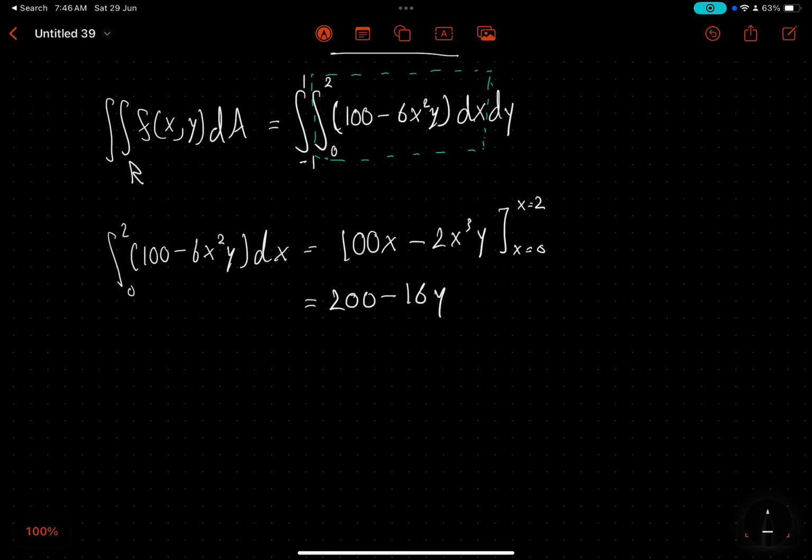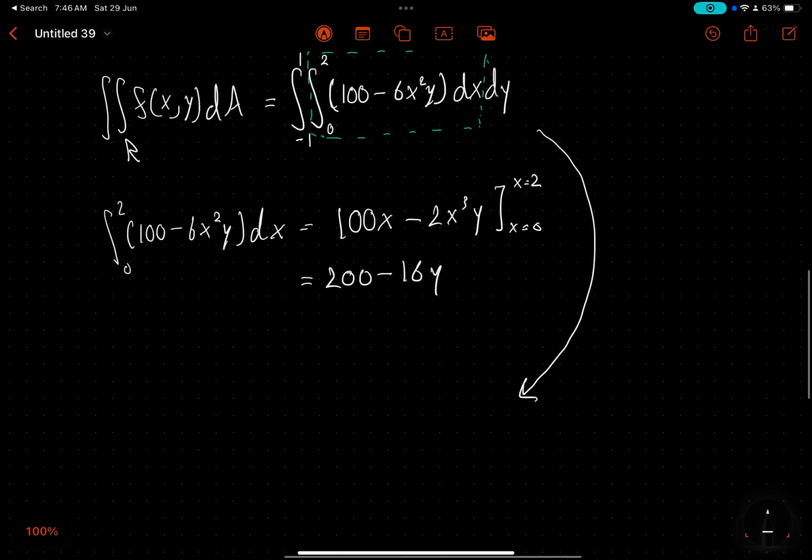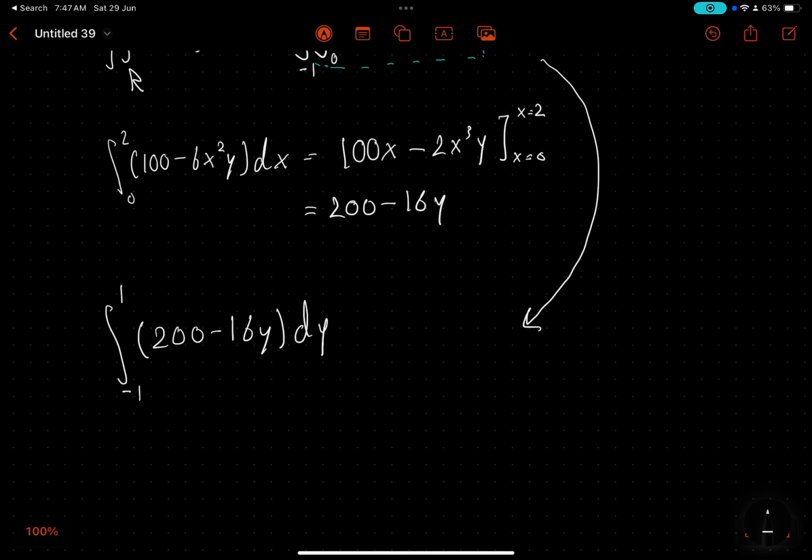Now we go back to our integral here, and substitute the value we got for the inner integral. So from negative 1 to 1, 200 minus 16y dy, just a regular integral with one variable. It's very, very simple. So 200y minus 16 over 2 is 8y squared, from negative 1 to 1.